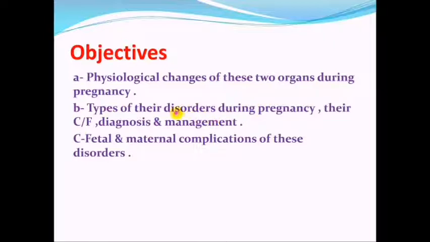And also we have to know the types of these diseases during pregnancy, what clinical presentation the patient may have, how I'm going to diagnose and treat these diseases, and also the fetal and maternal complications that the patient may have due to these diseases, and how I'm going to deal with them.